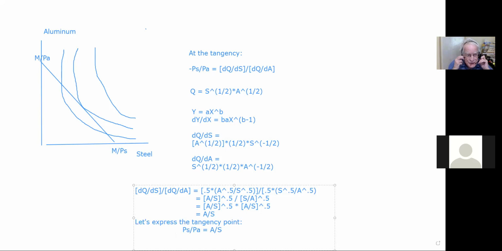And we have a very simple expression. The amount of money spent on steel equals the amount of money spent on aluminum. So you can see that we have multiplied through by S and then multiplied through by the price of aluminum to get this expression.